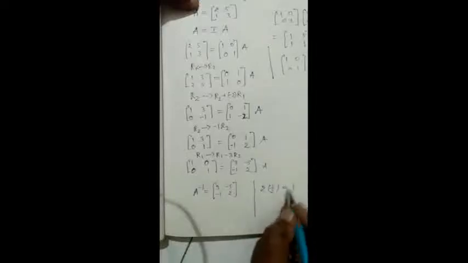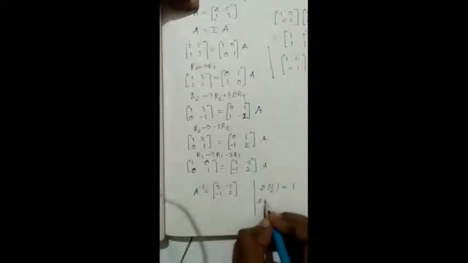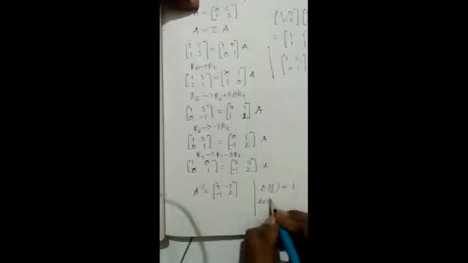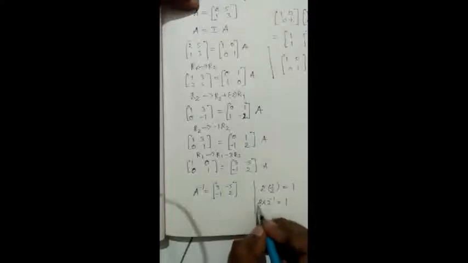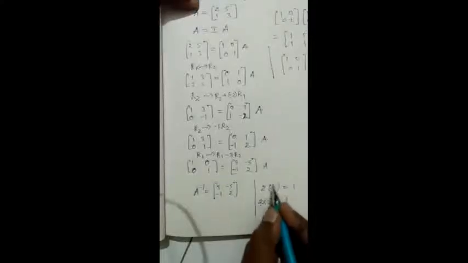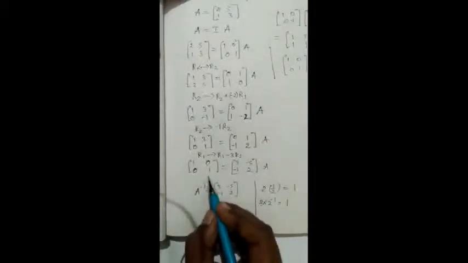Then only it will become 1. So 2 into this 1 by 2, you can write it as 2 into 2's inverse. Correct? So the product of two numbers gives 1, which means the inverse of 2 is 1 by 2, and the inverse of 1 by 2 is 2. So the same thing we are applying over here.